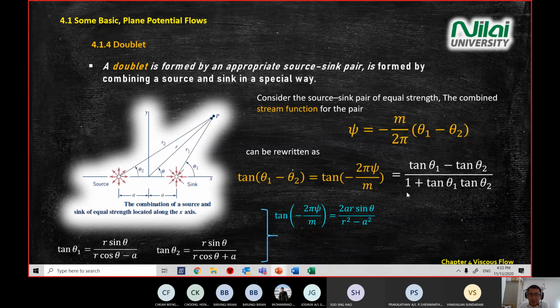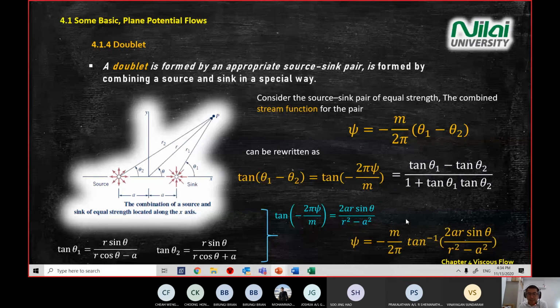If you have time, go and do the derivation, but this is the result after a very lengthy series of steps. This is just a summary of the journey: from this stage, substitution of this one, rearrange, you get this one. You rearrange because you want to see the equation for the stream function.